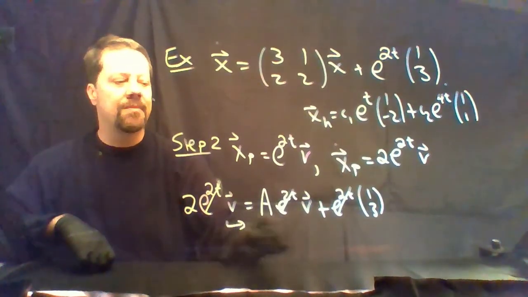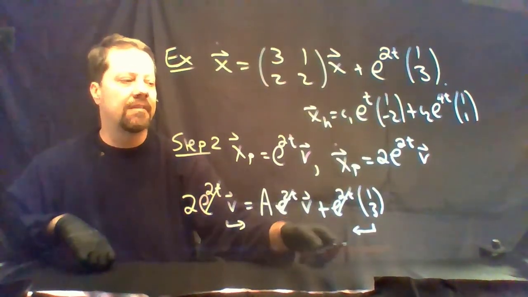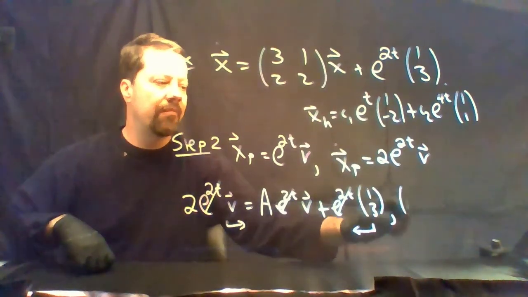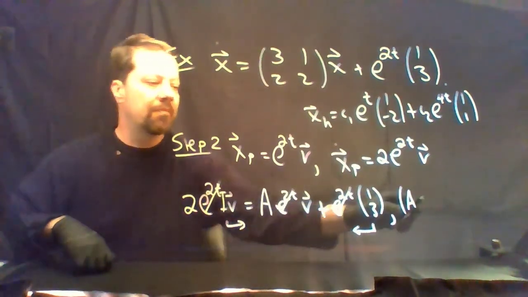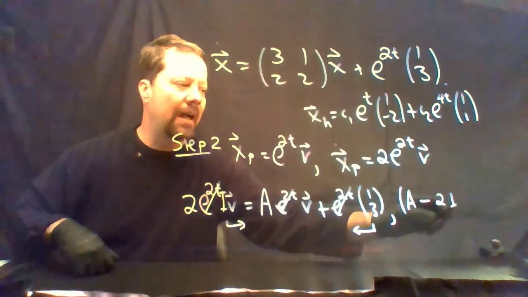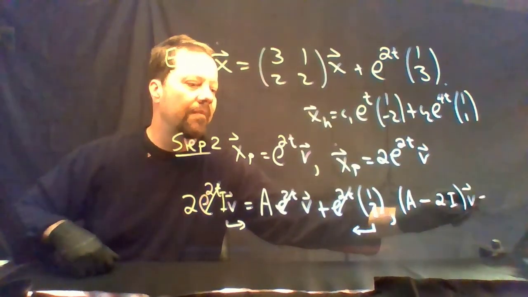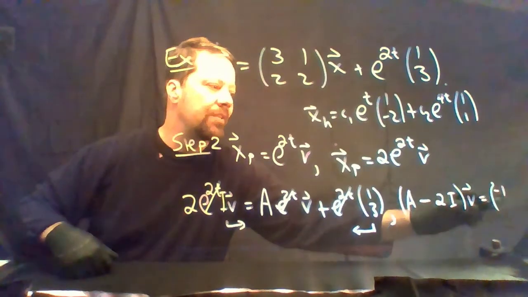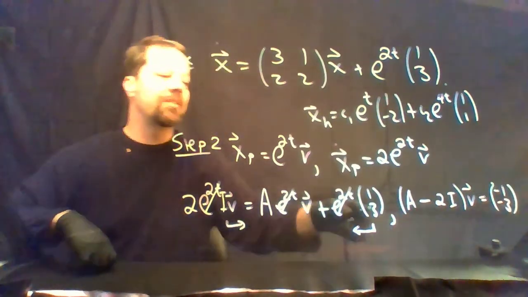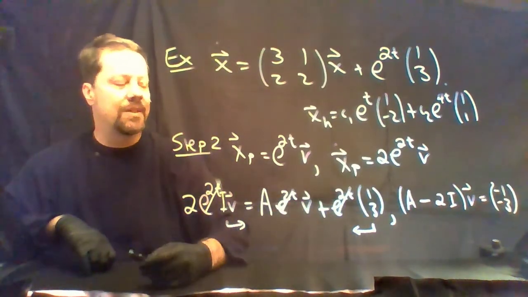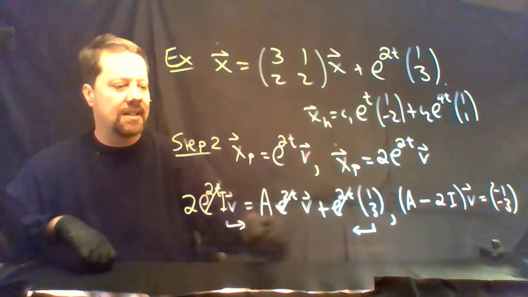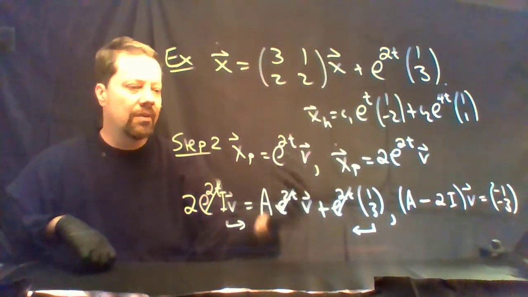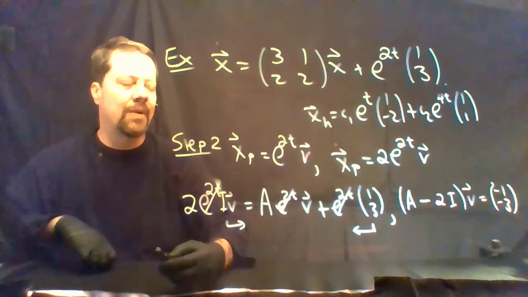We'll move this term to the other side and this term here. This gives, inserting an identity matrix here, A minus 2I v equals minus 1, minus 3. When this comes to the other side, it switches signs in both coordinates. And when this comes over, we'll factor the v out on the right, just leaving 2I.